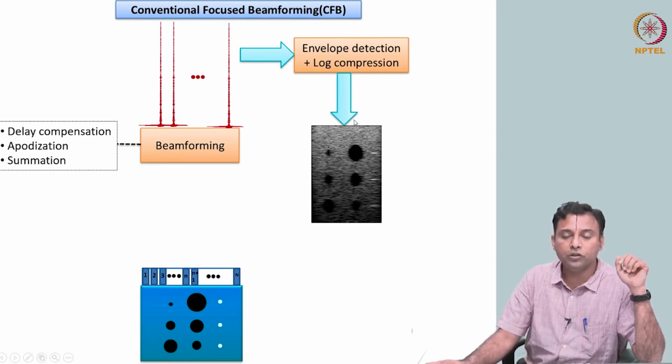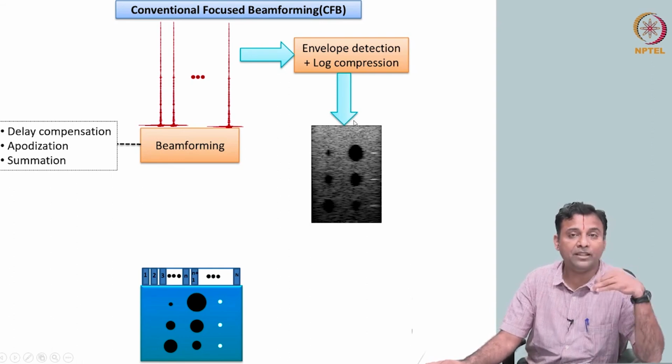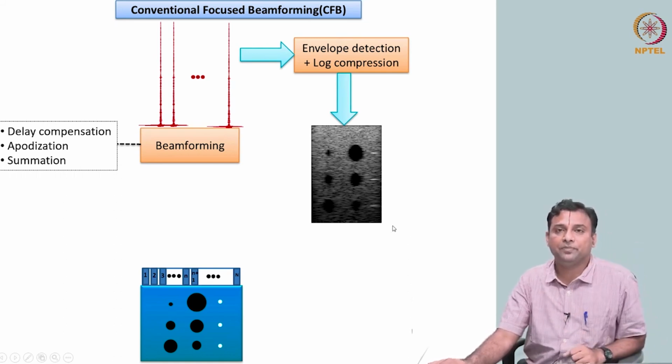If you use much more sophisticated signal processing, we could improve the image quality further. But the idea is, hopefully you are now visualizing how we start with the physics, have instrumentation, and how we manipulate the instrumentation in the digital beamformer case to get an image.